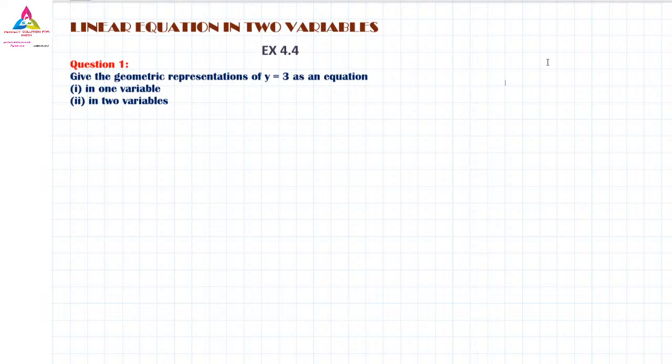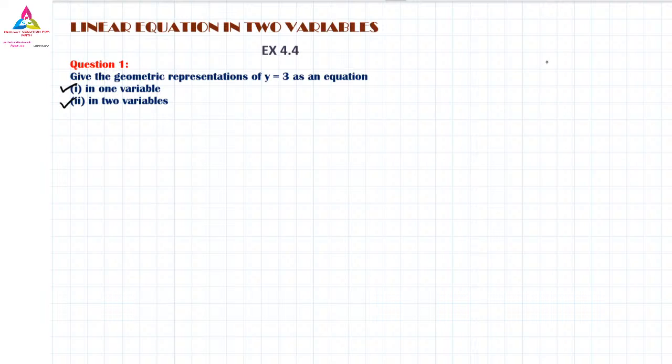Here they say: give the geometrical representation of y is equals to 3. In that, they have given one variable, and in another they have given two variables. Geometrical representation means nothing but you have to draw the line.